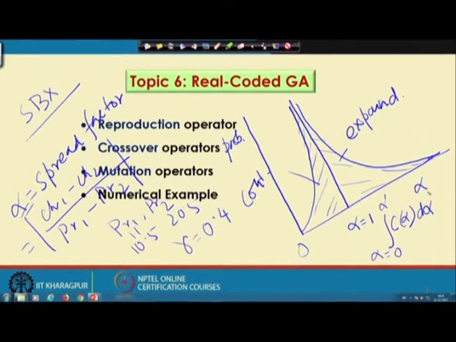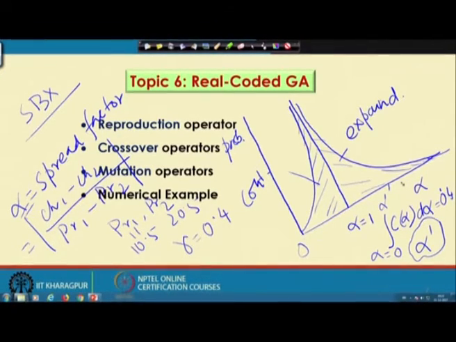This integration is set equal to 0.4, and we solve for alpha prime, and once we have alpha prime, that means we have the value of this spread factor.